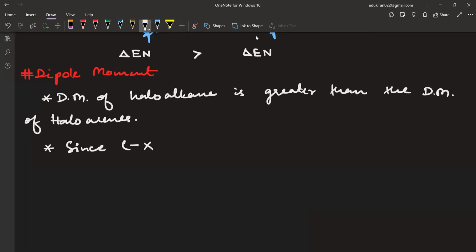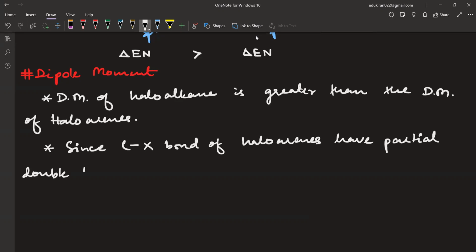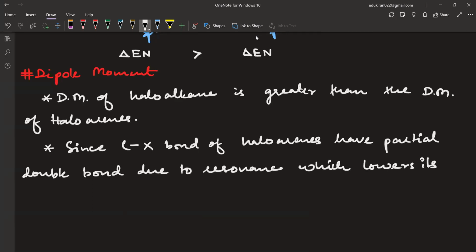Since the C-X bond of haloarenes has partial double bond character due to resonance, which lowers its bond length.